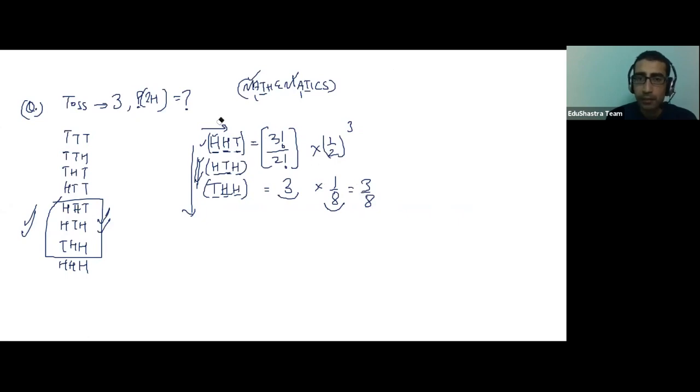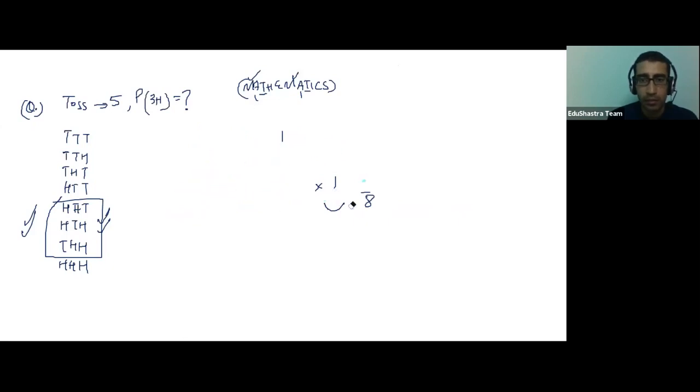Let me use the same basic structure of the question and talk about calculating: if a coin is tossed 5 times, what is the probability that you get 3 heads? Let's talk about this. Similar structure. Getting 3 heads would mean something like heads, heads, heads, tails, tails, or the various combinations of this: a head, tail, head, and so on.